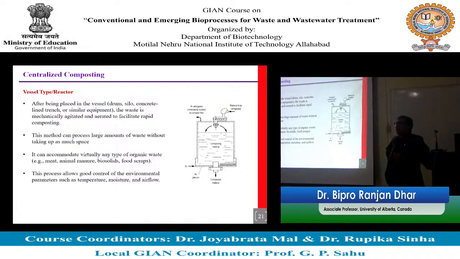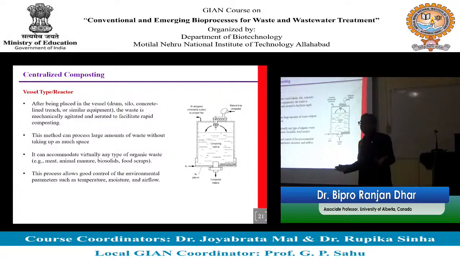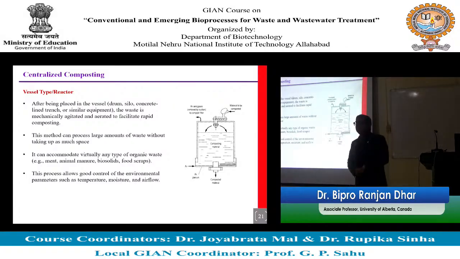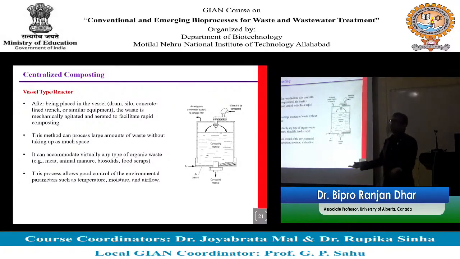Typically in Canada, most waste management facilities are far from residential areas, otherwise people come and complain about odor. But with a bioreactor type, you can easily control the odor problem. This kind of process comes with a lot of control systems and sensors, but at the same time it's more expensive, as you can expect.